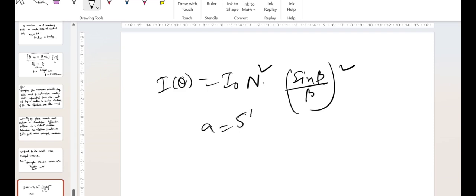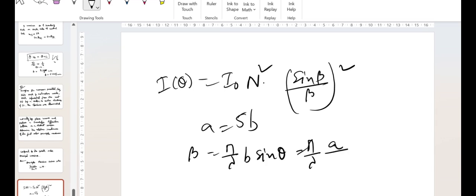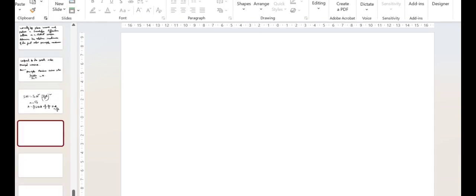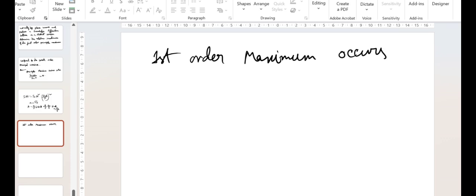So a is equal to 5b here. So beta is equal to pi by lambda b sine theta, which is pi by lambda a by 5 sine theta, which is basically alpha by 5. First order maximum occurs when alpha is equal to pi.